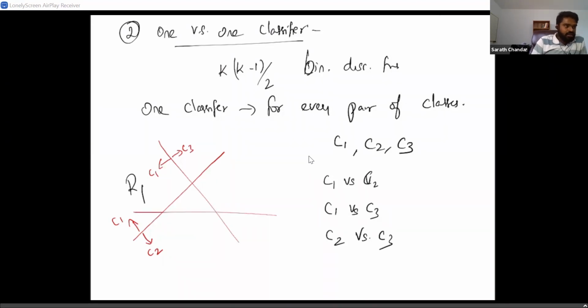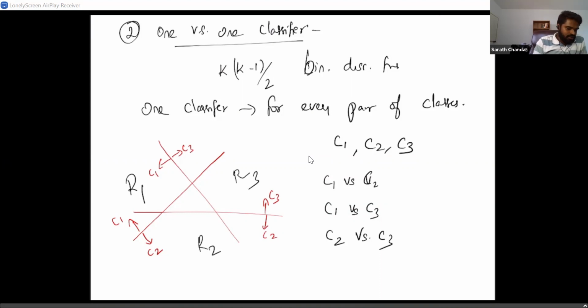So let's say this is C2 versus C3. Now you can see that the region in the bottom is for class 2, and this is for class 3.